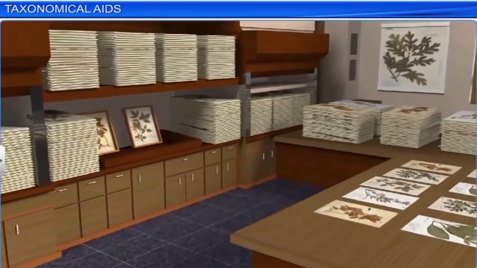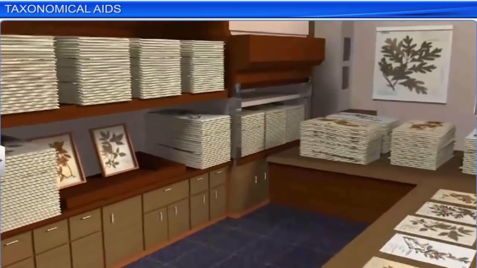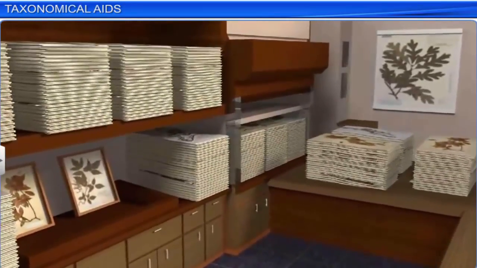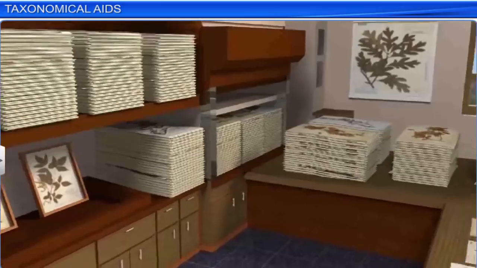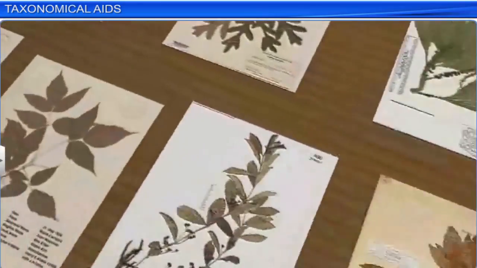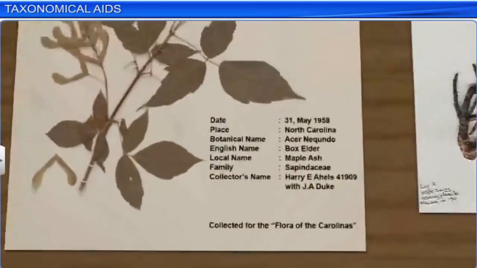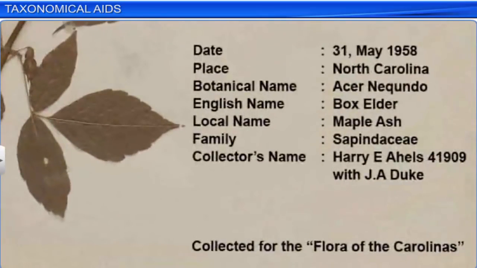A herbarium is a storehouse where a collection of dried plant specimens are mounted on sheets, labeled, and systematically arranged based on the universally accepted system of classification for use in scientific study.